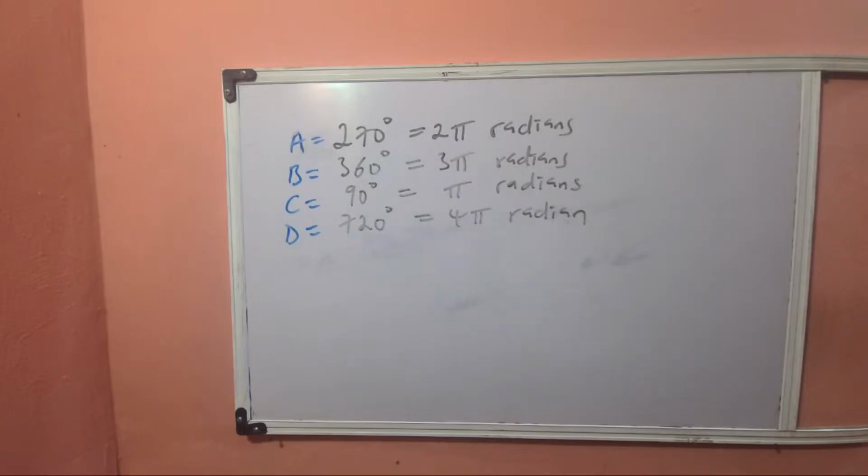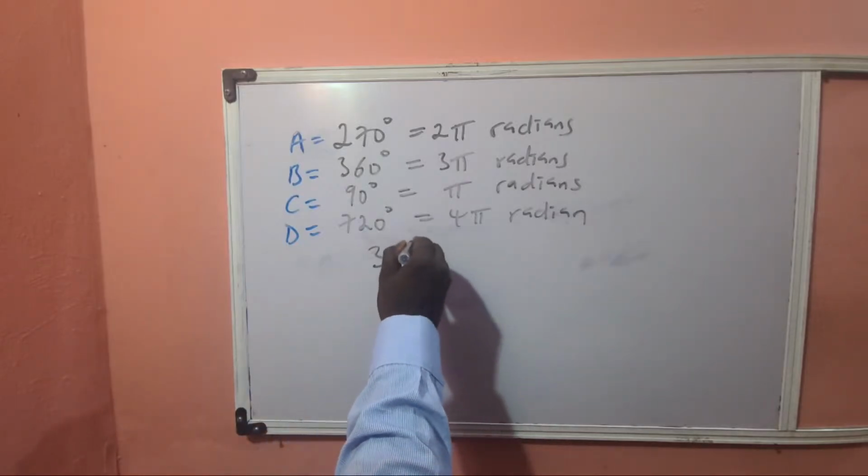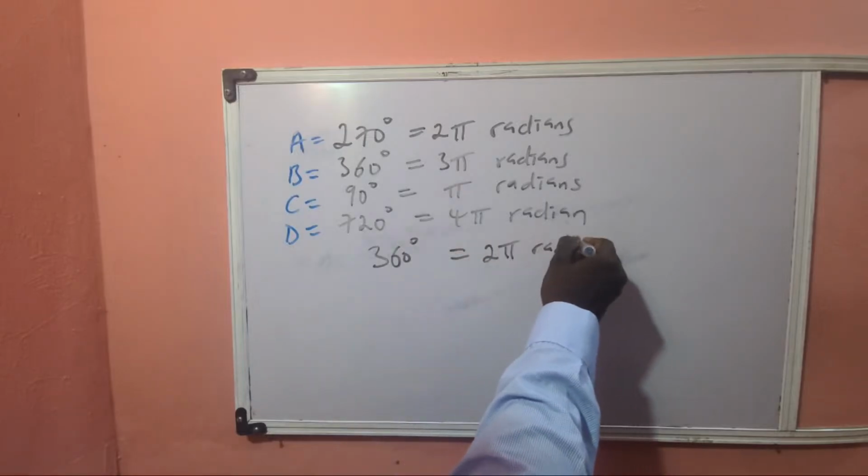Oh, wow. This is nice. I can see a lot of options coming for option D. All right, let's examine this before we make our conclusions. We know that 360 degree is equals to 2 pi radian.